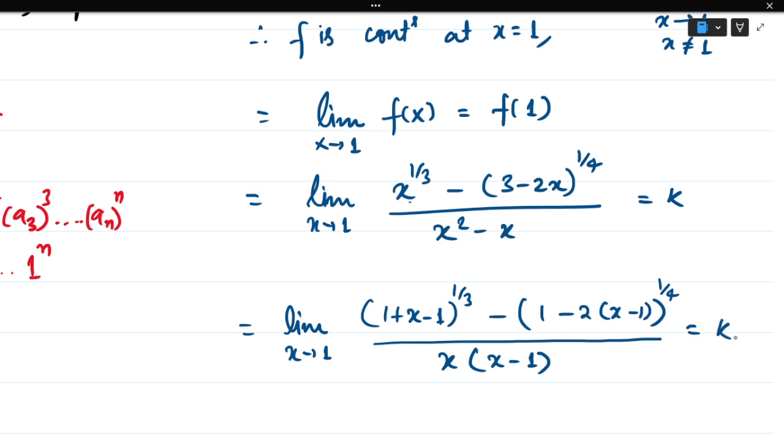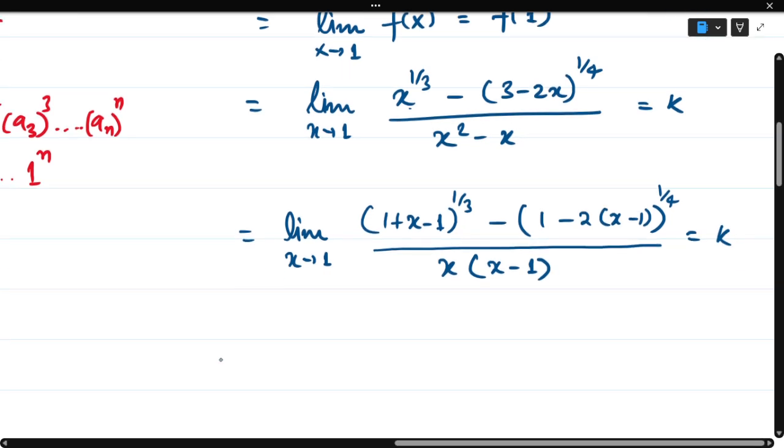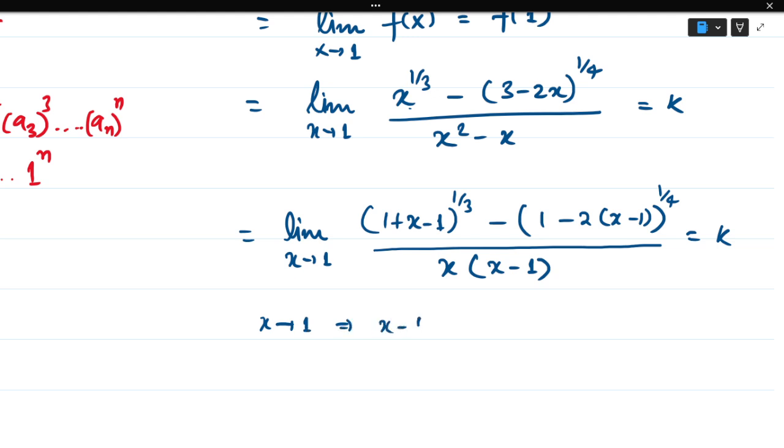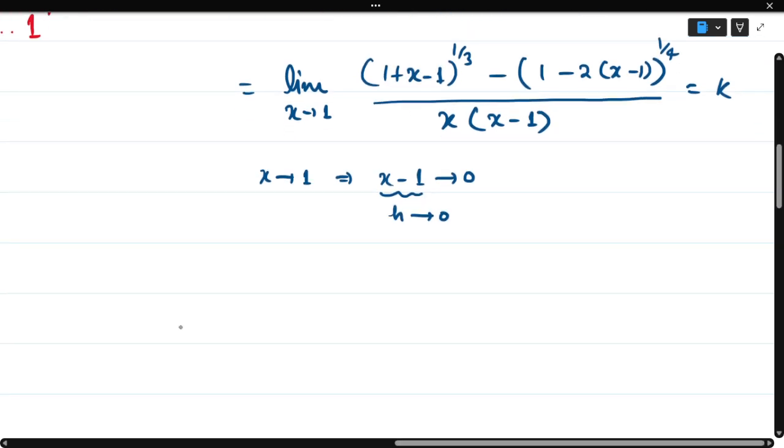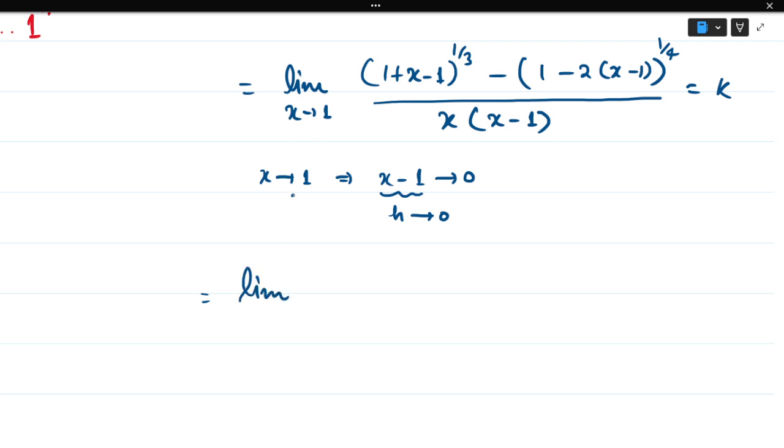Now observe one small thing: x tending to 1 means x minus 1 tending to 0. So if we assume that x minus 1 is h, the limit as x tends to 1 is convertible to the limit as h tends to 0.